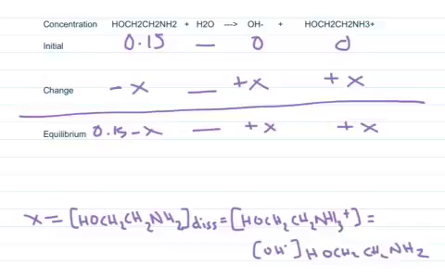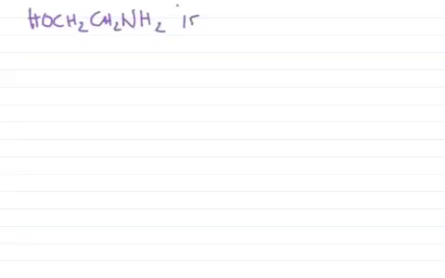Alright, then the next thing we're going to do is we're going to make an assumption. So our assumption is that the HO, CH2, CH2, NH2 is a weak base. Now, we actually really know this because it had a Kb that was less than 10 to the third.